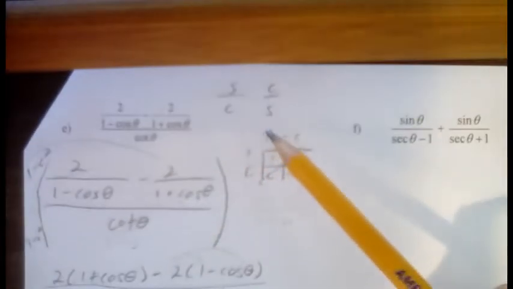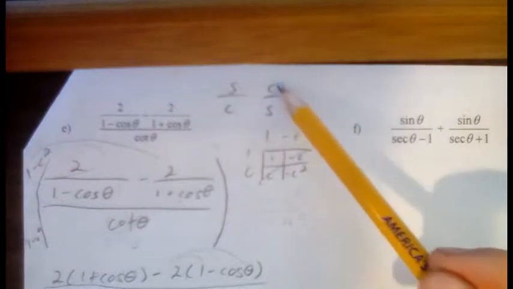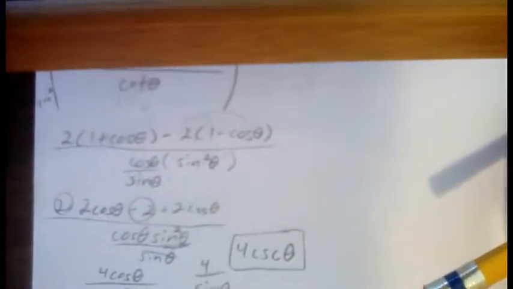And as for the bottom, you just multiply 1 minus cosine squared times cotangent, which down here I've shown as sine squared. Simplifying that would be easier over here. And I've simplified cotangent to cosine over sine, because tangent is sine over cosine, and the inverse of that would be cosine over sine.